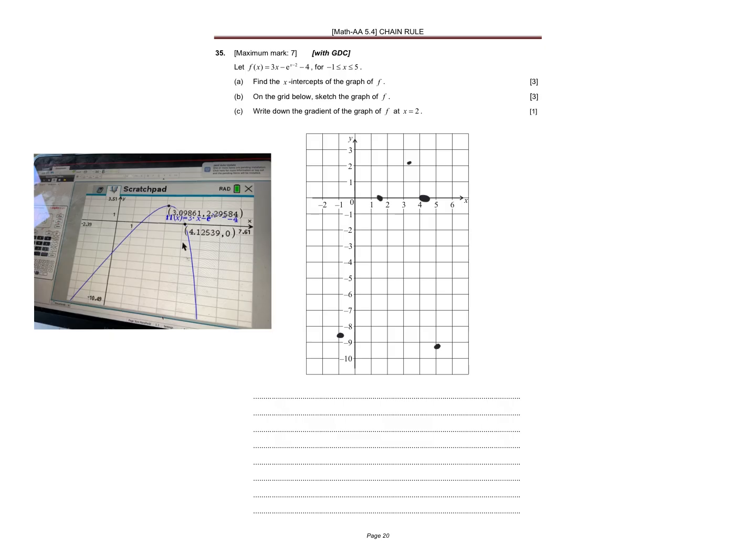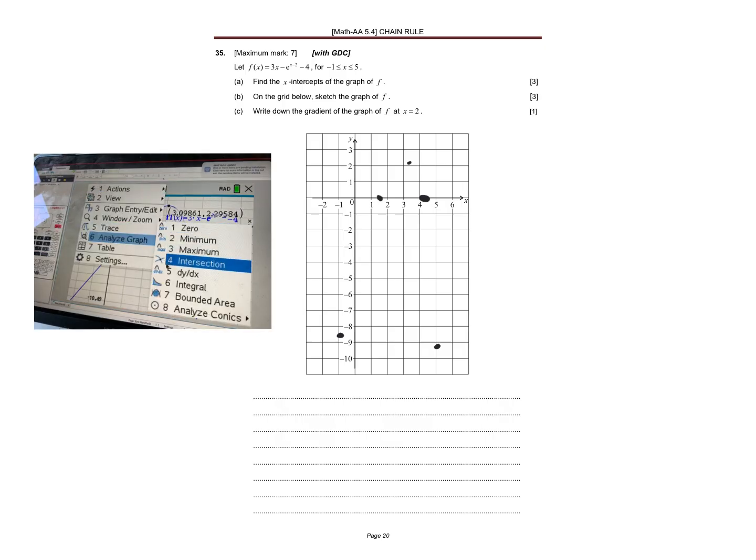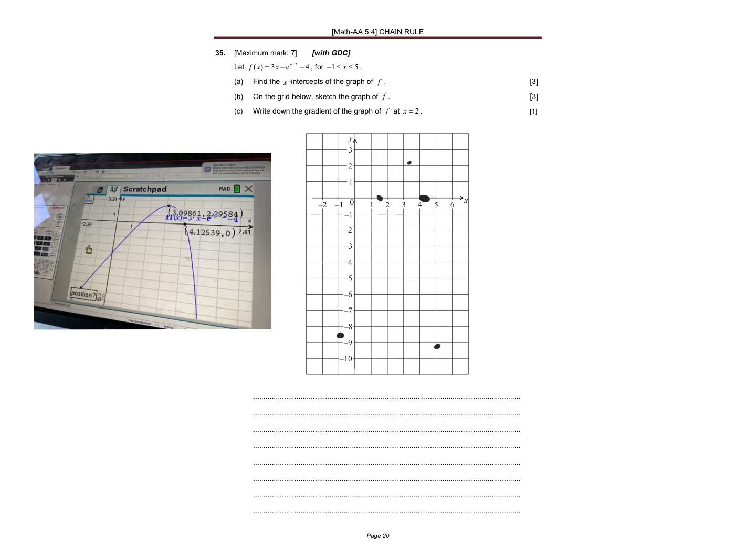So we found the x-intercepts, we sketched the graph. Now, last thing, I'll connect that in a second. Write down the gradient of the graph at x equals 2. So we need to go menu, analyze graph, dy dx, and then we need 2, enter. So the gradient at 2 is 2. The other thing I forgot was the y-intercept.